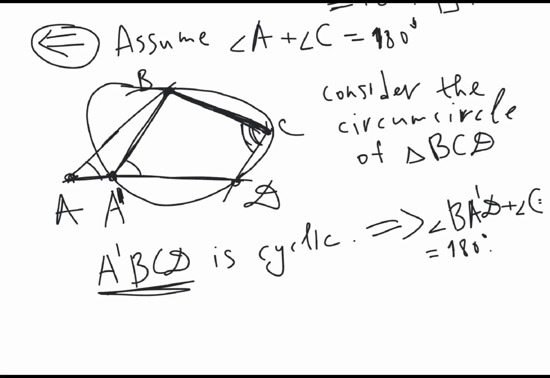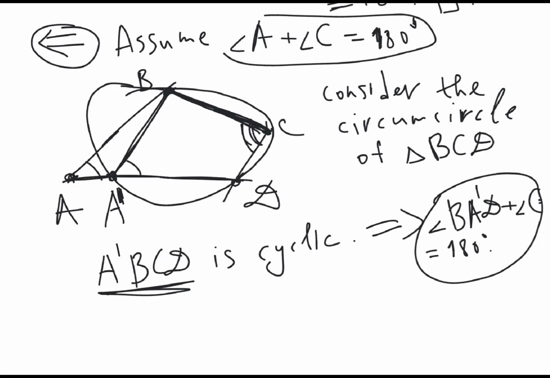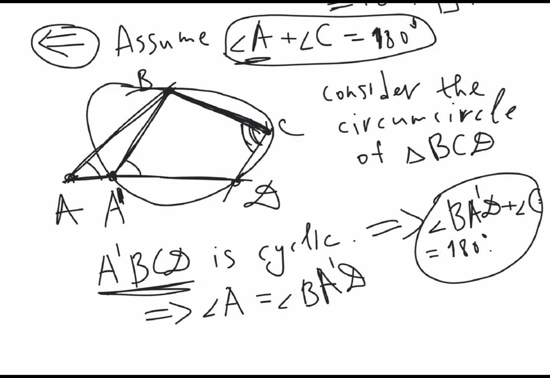But then, since we have this and since we have this, we subtract one from another and we conclude that the angle BAD is equal to the angle BA prime D. But this is impossible, of course.